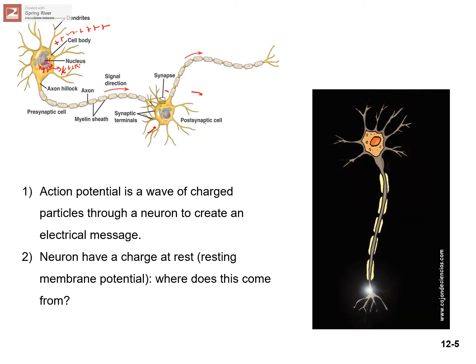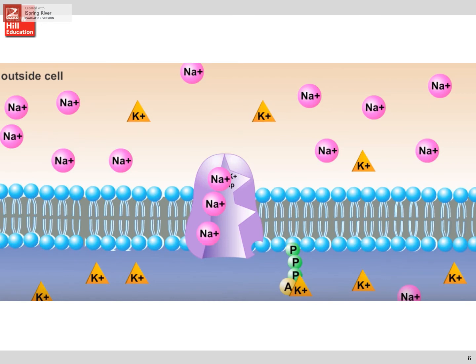So as you learned in the earlier chapters, the cell membrane is selectively permeable. Selectively permeable, meaning it does not just allow molecules to pass through, just like that. Charged particles cannot pass through easily. Large molecules cannot pass through easily.